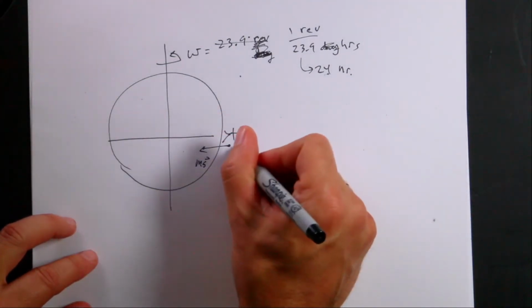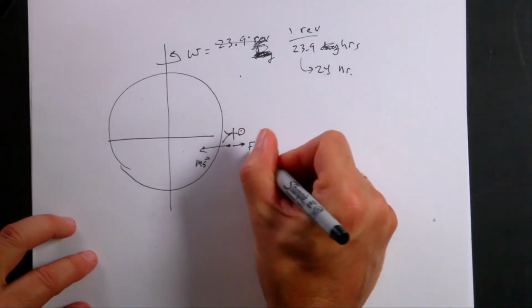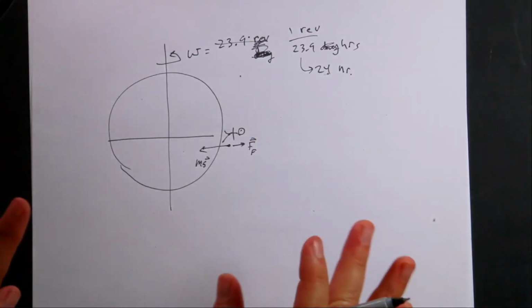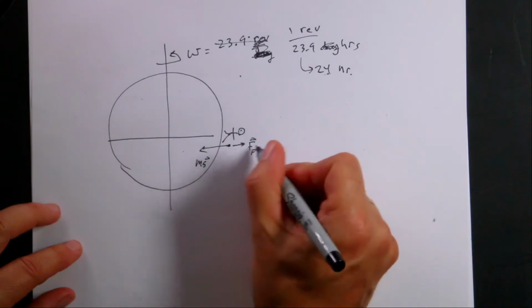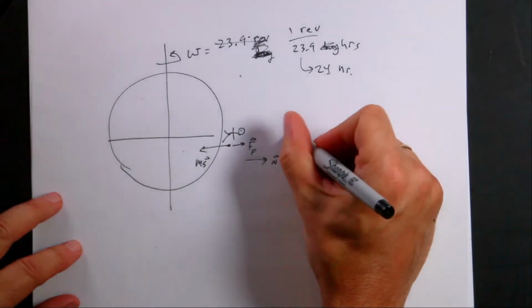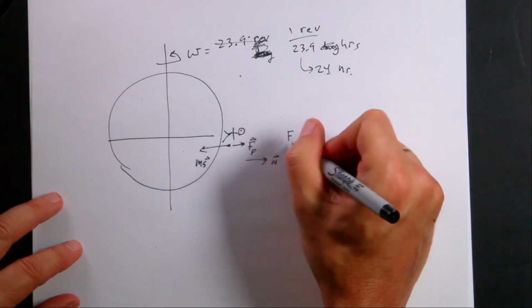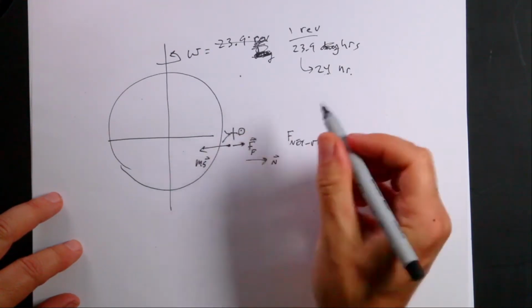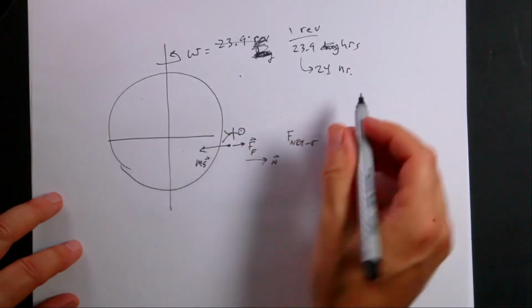So that means I have a fake force this way, F fake. And then the person's at rest in this frame of the rotating Earth, so I have another force, the normal force, in. So now I can say F net in the x direction. Let's call this the r direction right here, because that's the direction of r.